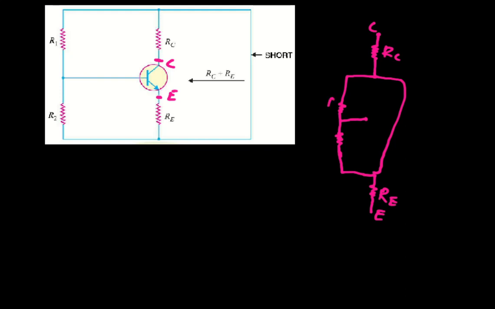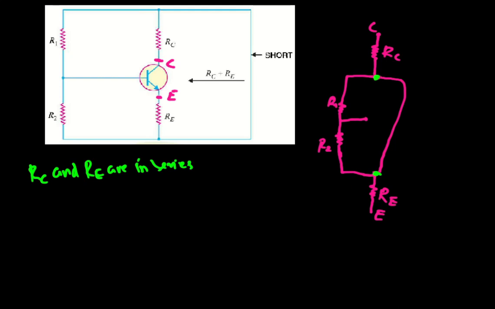So since this is R1 and this is R2, and this terminal is open, shorted, that is from this end to this end is shorted by a wire, then we can see that this RC and RE are in series.